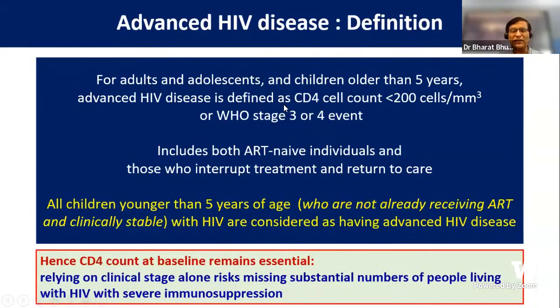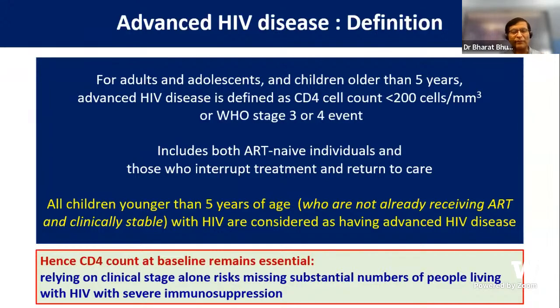And when we say CD4 count less than 200 or WHO stage 3 or 4, it is important to mention that relying on clinical stage alone will miss a substantial number of people. We know that there are challenges in relying on clinical staging: the capacity at the centers, the recording. We know from the data that recording may not be very correct.